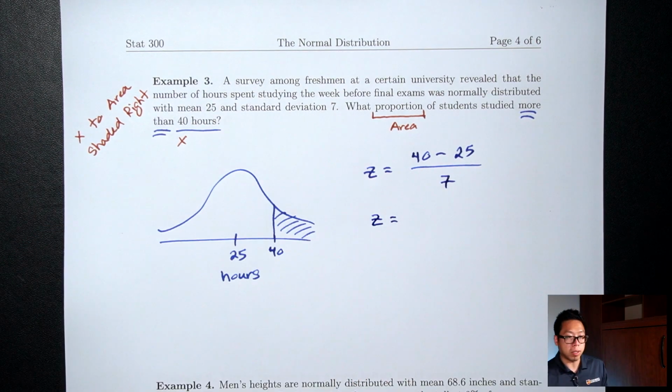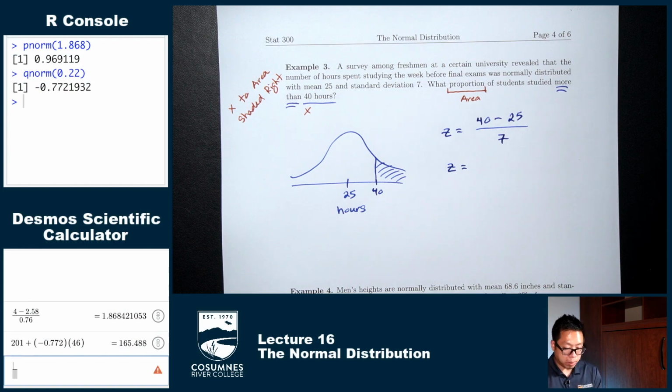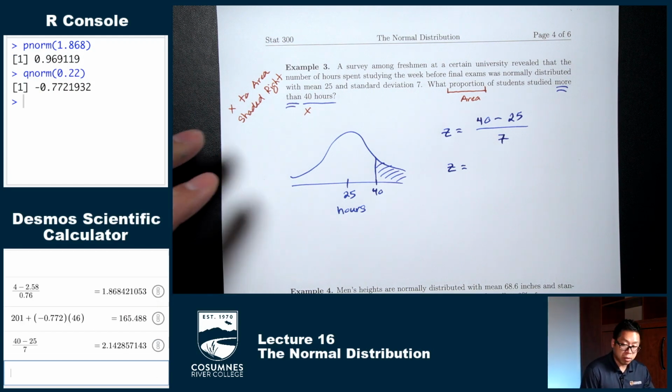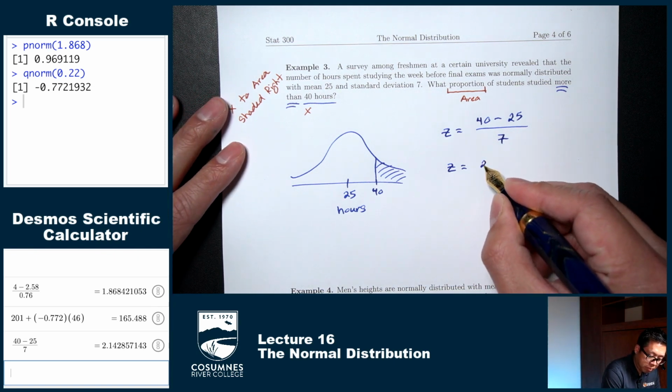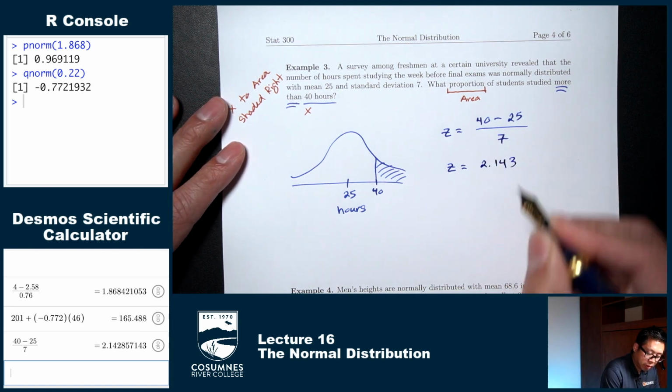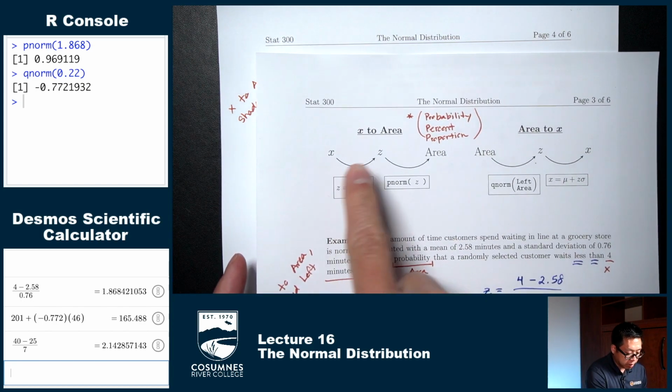So go to the calculator. Up top, 40 minus 25. On the bottom, 7. Rounded to 3 decimal places, this is 2.143.